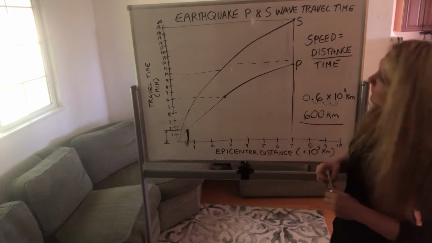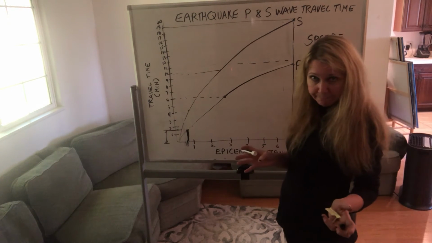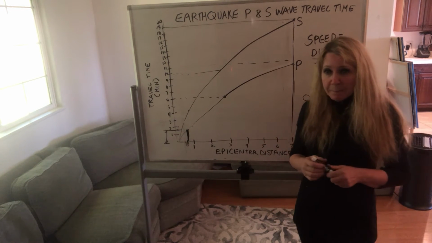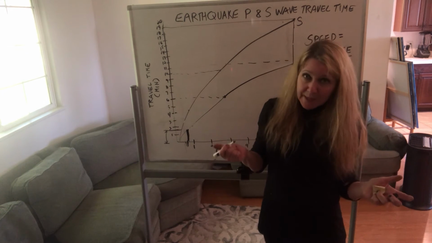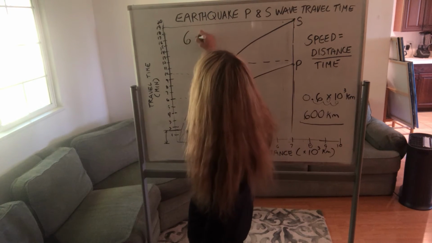Then, if I want to figure out if the lag time is 1.5 minutes, and let's say the P waves arrive at 6 a.m. in the morning. So we're going to say 6 a.m. we have P waves.